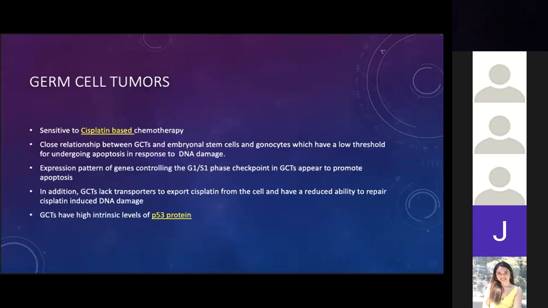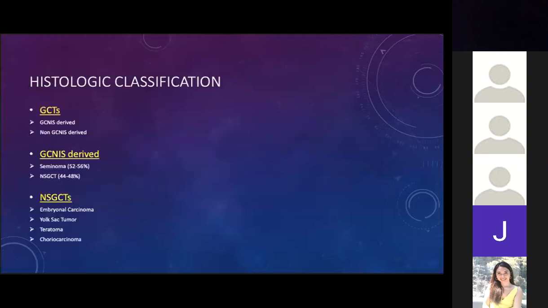In addition, GCTs lack transporters to export cisplatin from the cells and have a reduced ability to repair cisplatin-induced DNA damage. And GCTs have high intrinsic levels of p53 protein, and that p53 protein plays a role in mediating cell cycle and apoptosis.